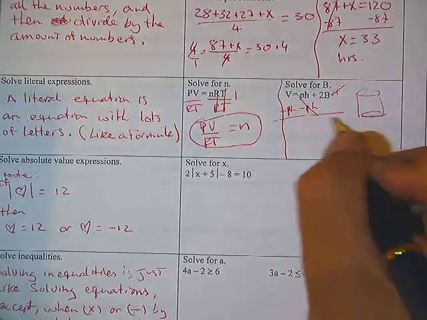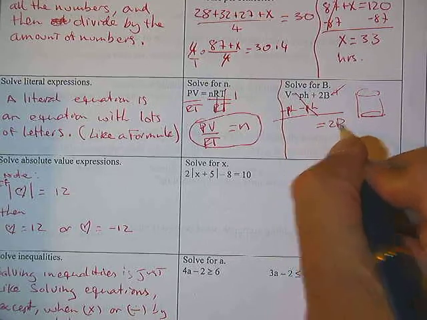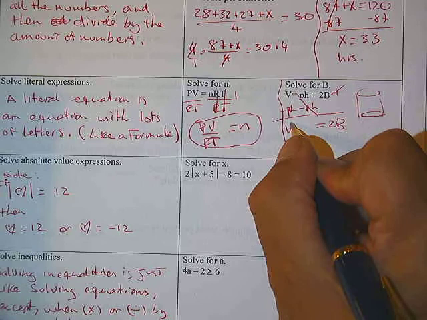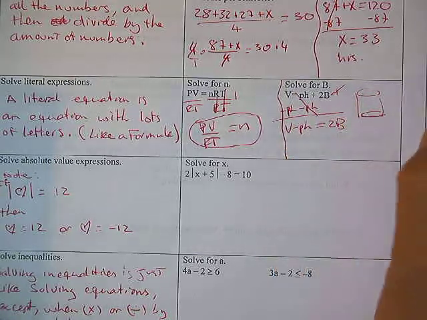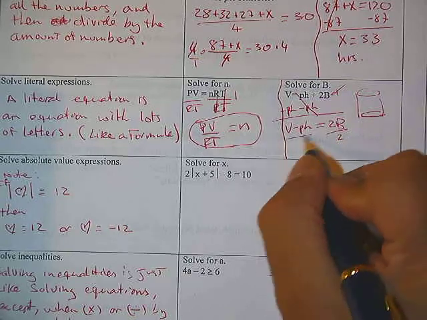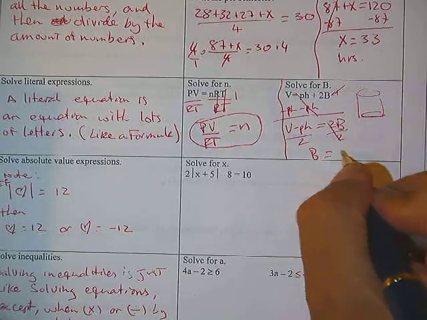Alright, so to solve for B, we have to undo that pH business. So minus pH to both sides. So pH minus pH, that's 0. So we just have 2B on this side, and on the other side we have B minus pH.